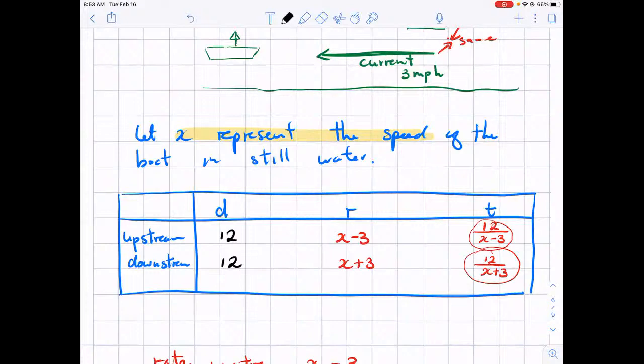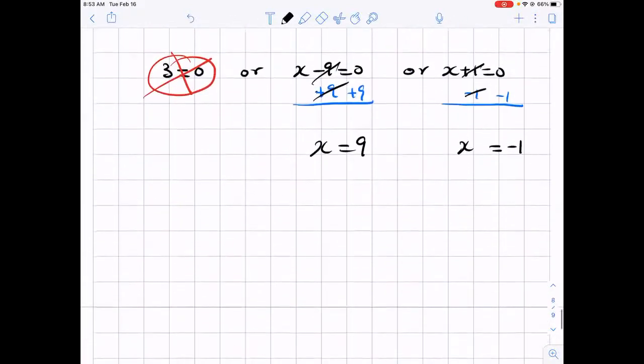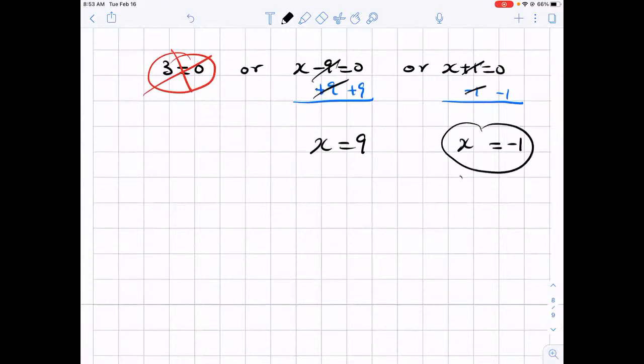The speed of the boat cannot be negative. So we throw out this answer because the speed is not negative. Obviously, if the speed was negative, the water would be pushing the boat backwards.